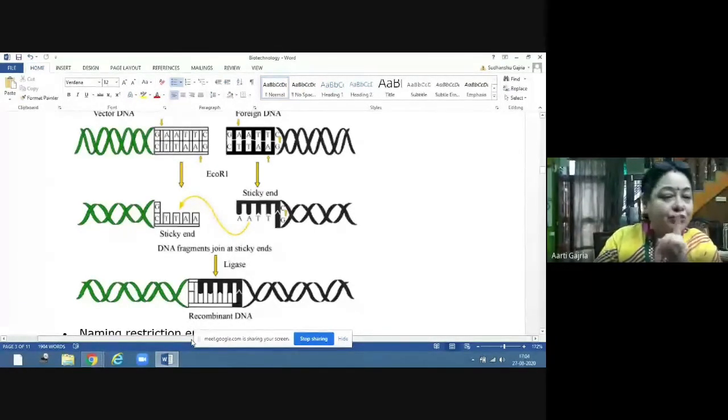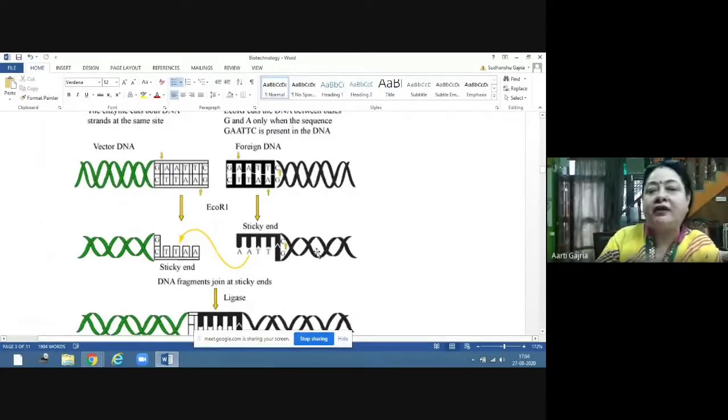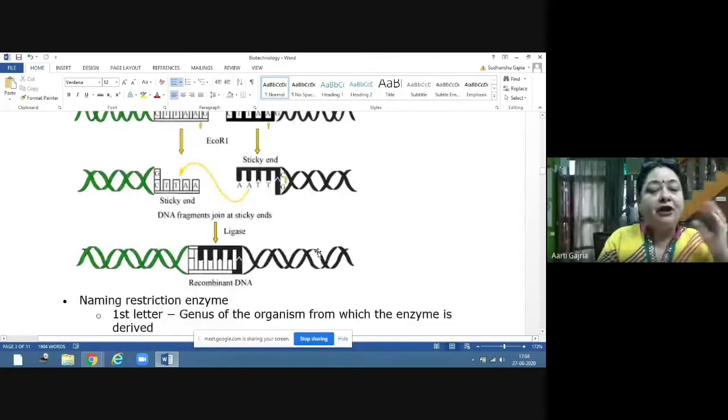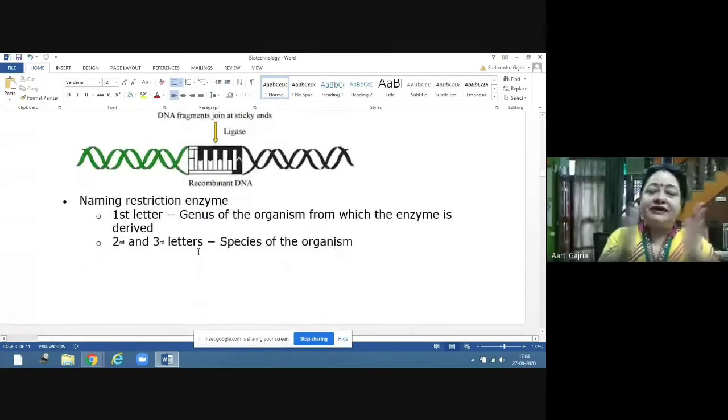Now, how do we name the restriction enzyme? As I told you, this is EcoR1. So what does that mean? We have over 900 restriction enzymes, and they all have specific recognition sites. So how do we name them? For naming restriction enzymes, there are certain conventions, certain rules. The first letter is the genus of the organism from which the enzyme is derived.